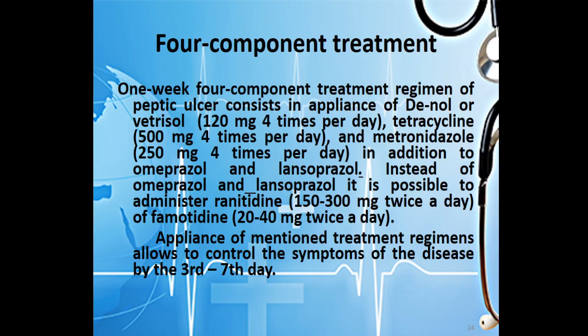It's not as easy as triple therapy, it has many drugs: maybe De-Nol, a bismuth-containing drug, or tetracycline antibiotic, or metronidazole, or very strong PPI drugs like lansoprazole, esomeprazole, dexlansoprazole, or H2 blockers, ranitidine, famotidine in these doses.